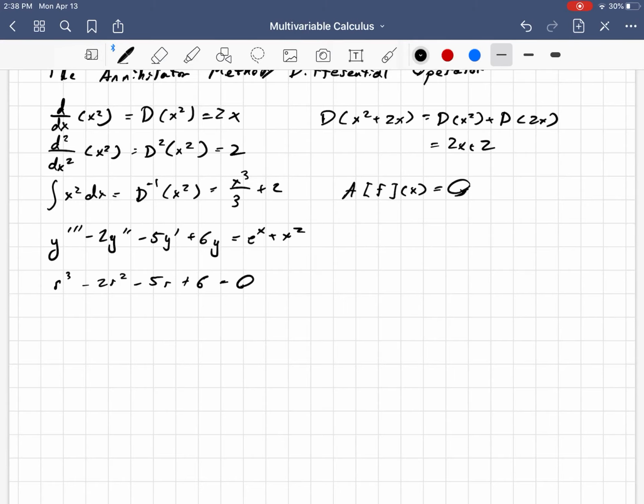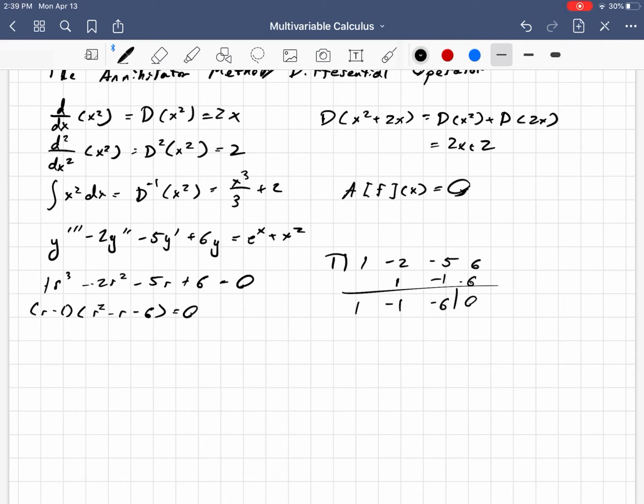My voice cracked there. So our characteristic equation is r cubed minus 2r squared minus 5r plus 6 equals 0. It looks like 1 is a root to this because 1 minus 2 is negative 1, minus 5 is negative 6, plus 6 is 0. So we do synthetic division. So we have 1, negative 2, negative 5, and a 6. 1, 1, negative 1, negative 1, negative 6, negative 6, and 0.